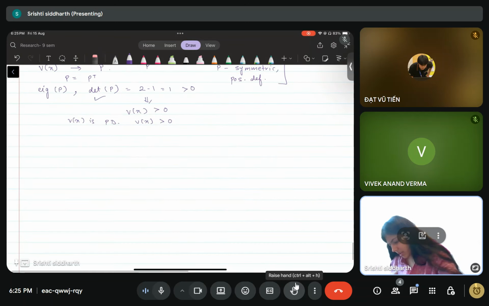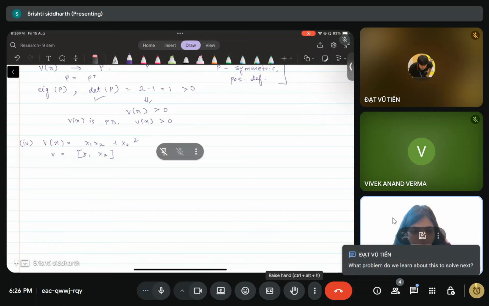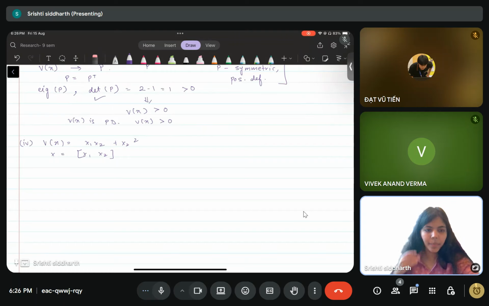Okay, so let's see the example of V(x), which is x1 x2 plus x2 squared. The vector in R2 is x1 and x2. How to use the positive definiteness to comment on the stability? That's what we're going to do next.